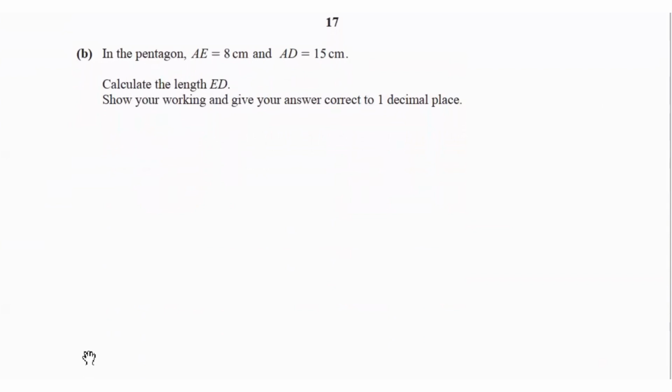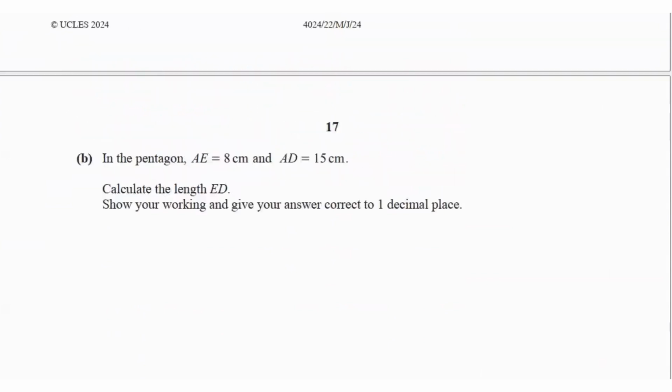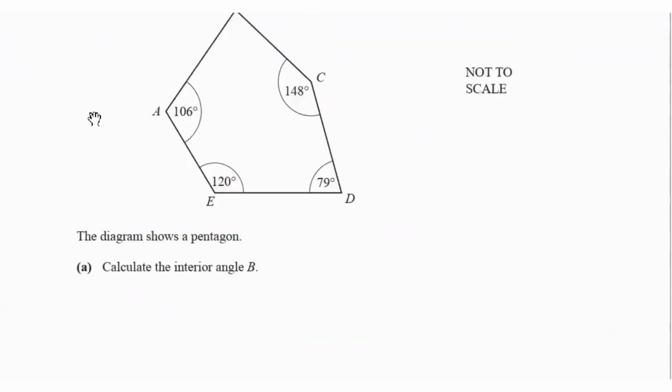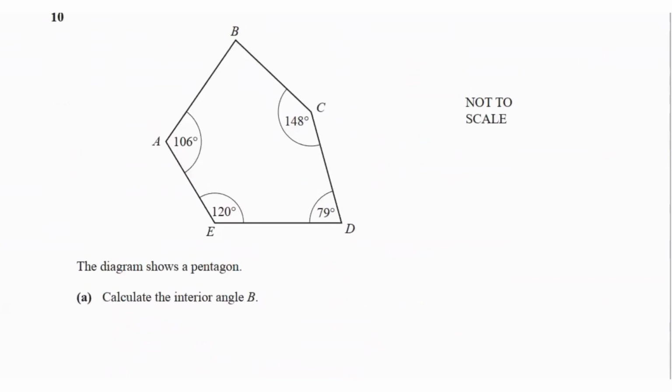Then it says in the pentagon, AE equals to 8 centimeters, AD equals to 15 centimeters. Calculate the length of ED. So let's make a triangle first.